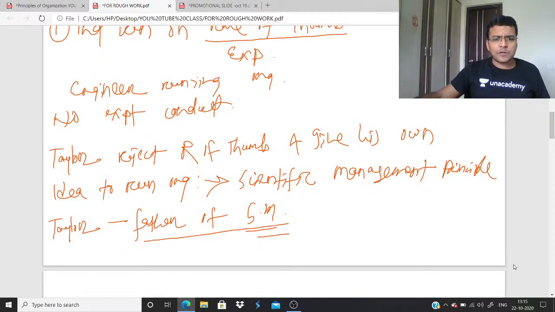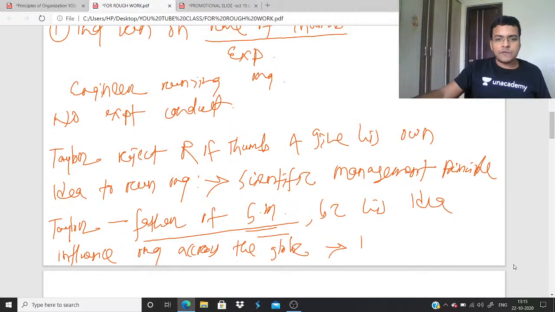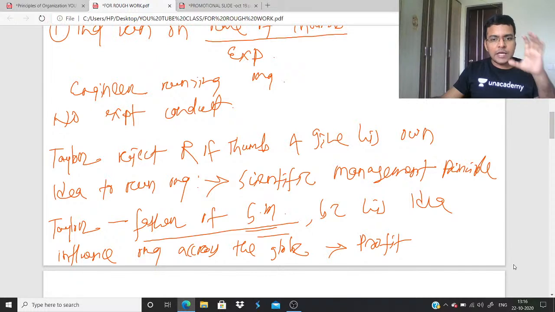Taylor is known as the father of scientific management because his idea influenced organizations across the globe and all resulted in profit. Using his idea of scientific management, organizations across the world gained profit. The loss-making organizations gained profit.